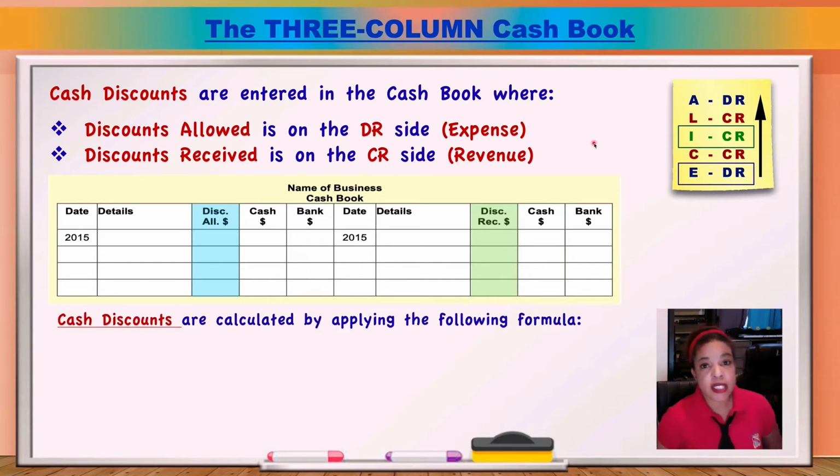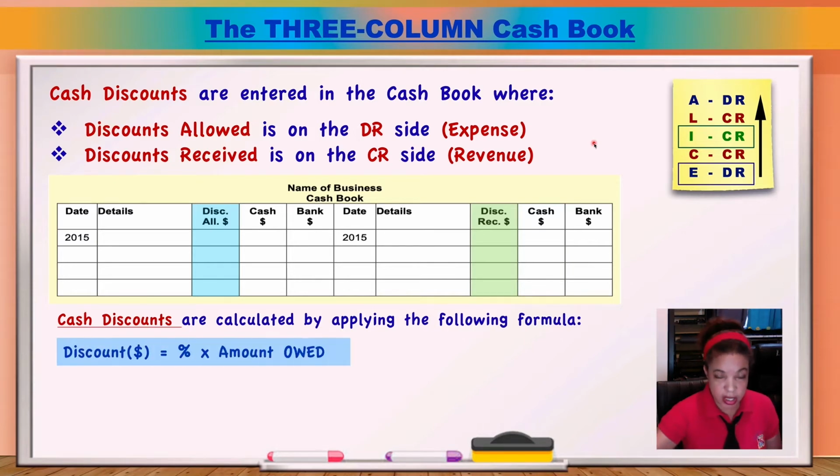So now we're going to go into calculations. How do we calculate it? Discounts, always percentage of an amount. In this case, it will be the percentage of the amount owed. Emphasis on owed.